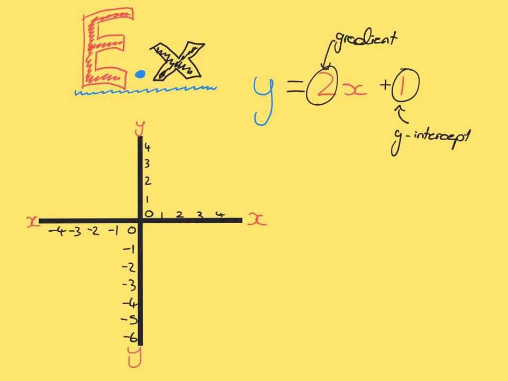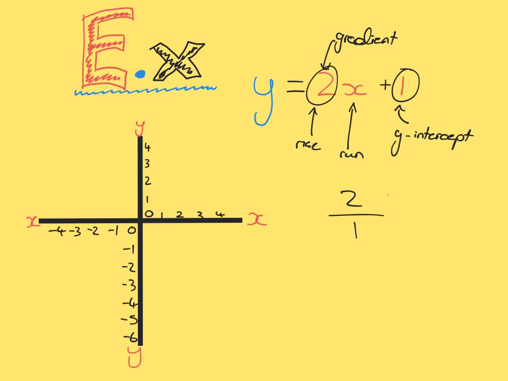Now, what do we do now? First of all, let me just tell you something quick. This is going to be the rise. This is going to be the run. Easy. 2 over 1, as x equals 1. But we don't need to know that, as I'm betting you probably know that already.